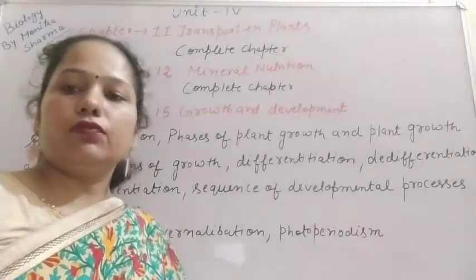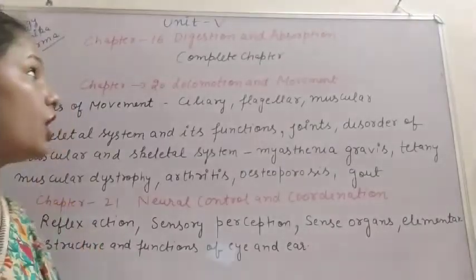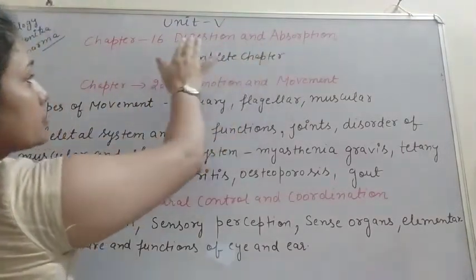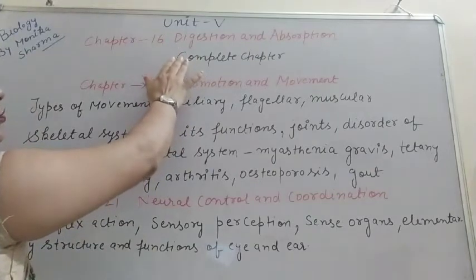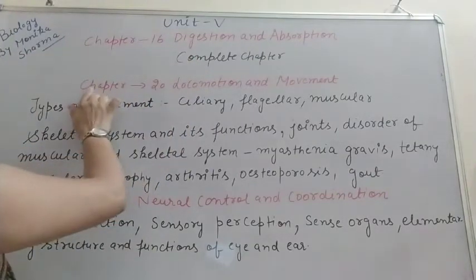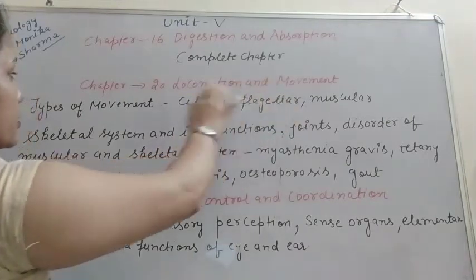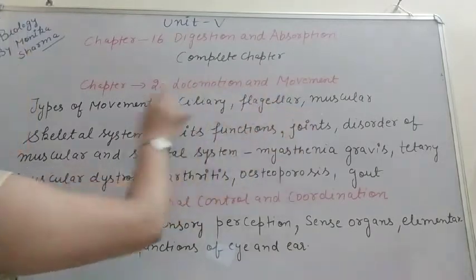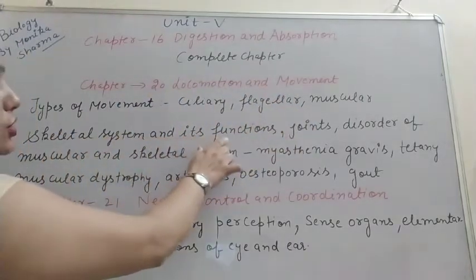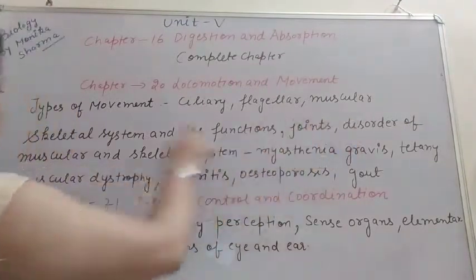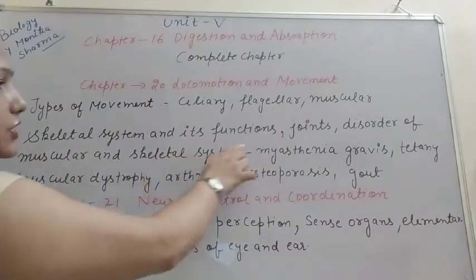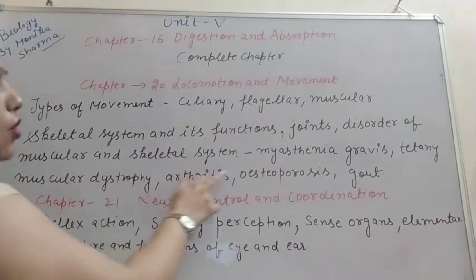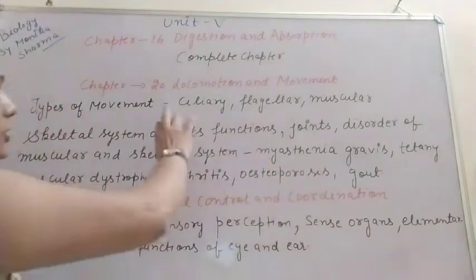Now unit 5th. In unit 5th, chapter 16, Digestion and Absorption, the complete chapter is removed from the syllabus. After that chapter 20, Locomotion and Movement. In this chapter, types of movement, ciliary, flagellar, muscular, and the skeletal system and its functions, joints, disorders of muscular and skeletal system, myasthenia gravis, tetany, muscular dystrophy, arthritis, osteoporosis and gout are removed.